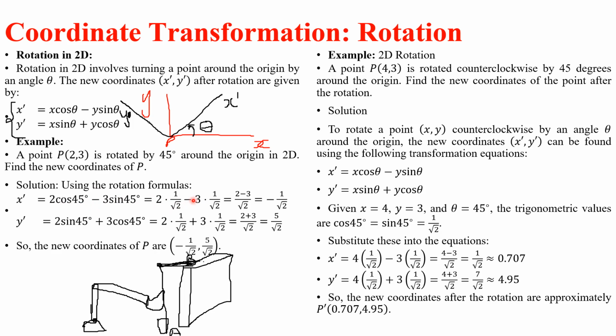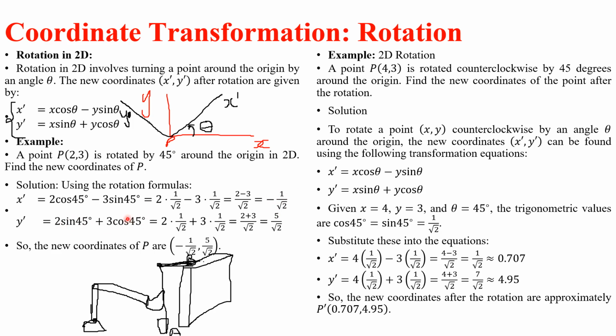Sine 45 is 1 all over root 2, and cos 45 equals 1 all over root 2. So just playing around with that equation gives us minus 1 all over root 2. Of course, this can be rationalized, and we can decide to leave it this way.